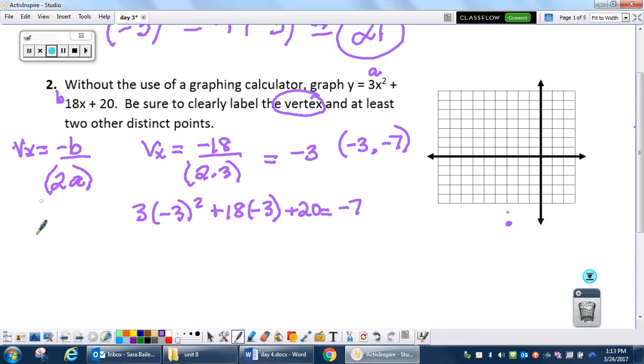All right, I'm going to give you the points of x equals negative 2, and x equals negative 4. So what you do is you plug in negative 2 now for x.